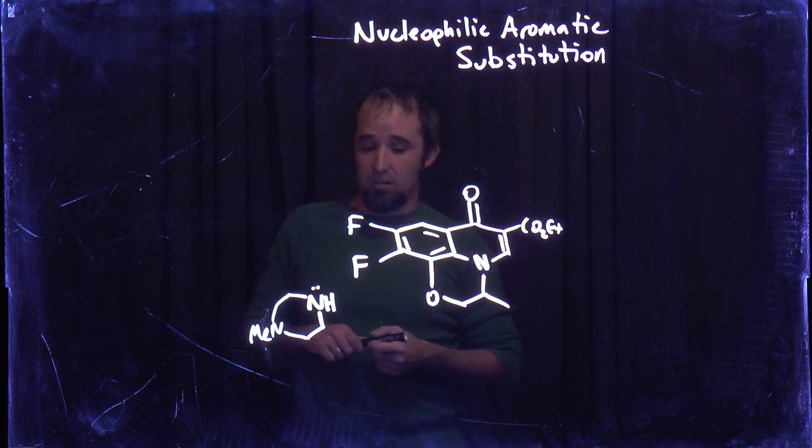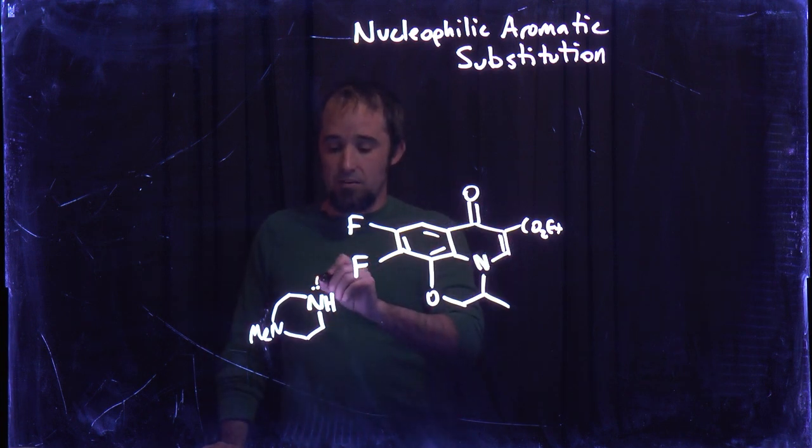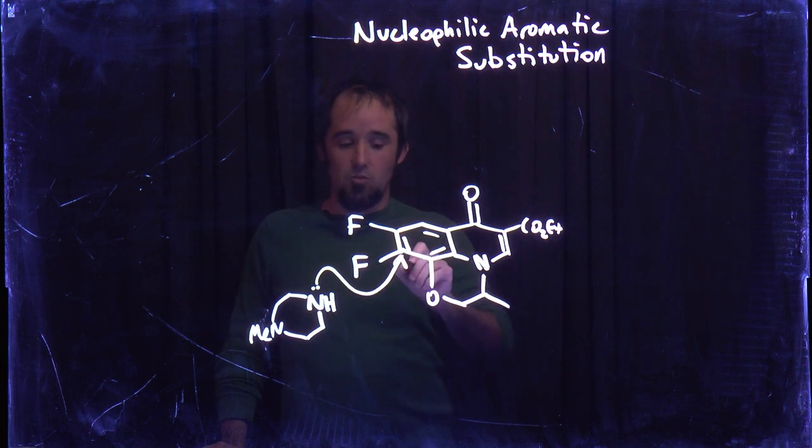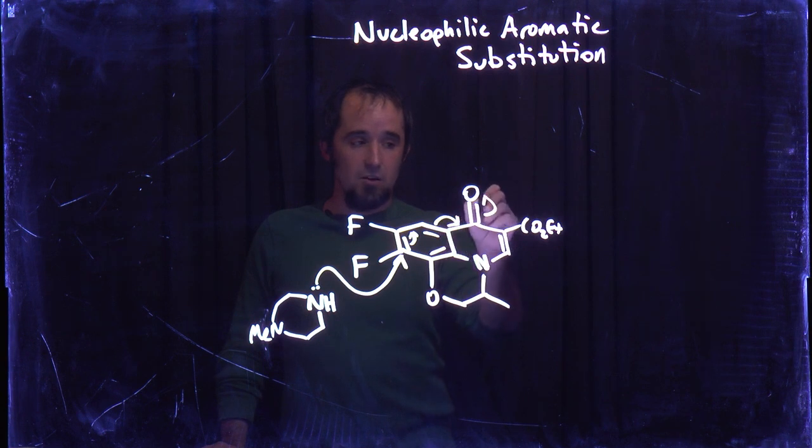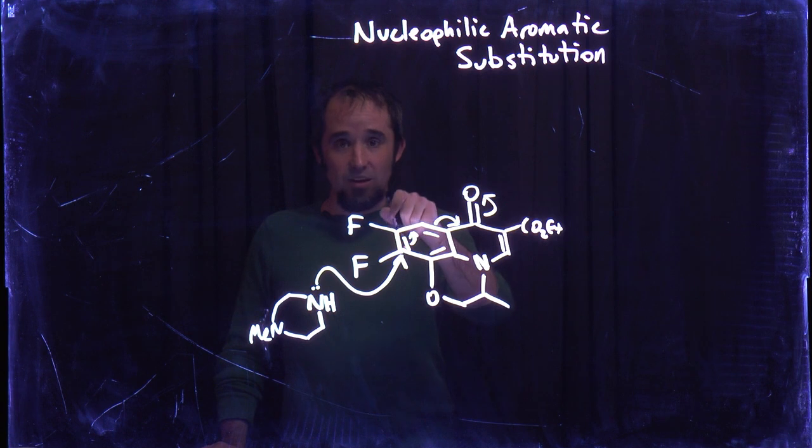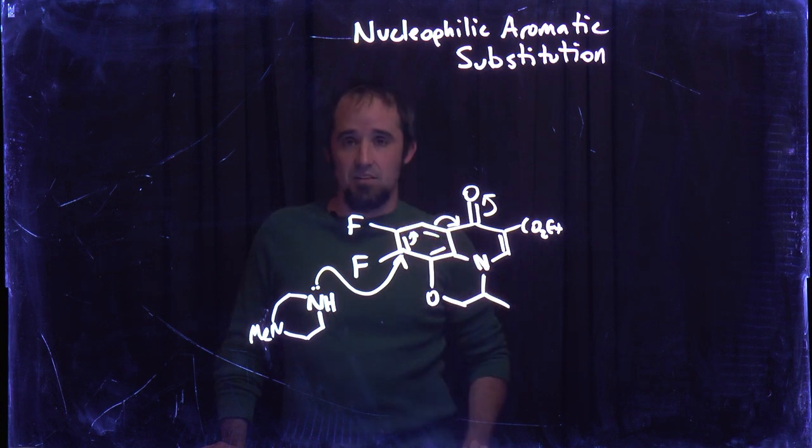And for that reason, follow the arrows. This is going to go here because I can push those pi electrons up into the oxygen. If I attacked this fluorine, I couldn't do that. There'd be no way for me to get the charge onto the oxygen.